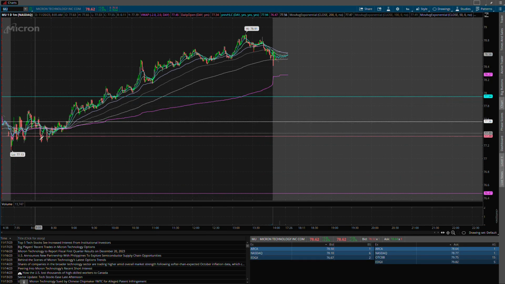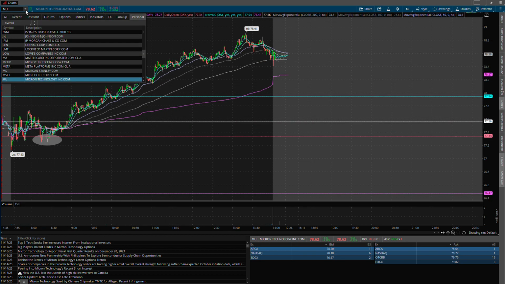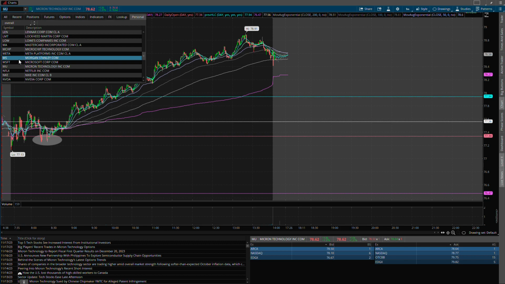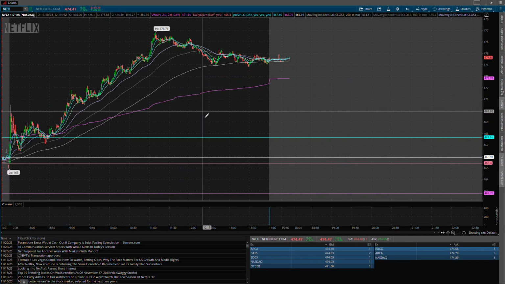And Micron, on this day, it's moving the same way. It's been a double bottom, moves up and kept going up. So I would say that within an intraday swing trade, what I see is essentially a major trend reversal. Everything is a major trend reversal.